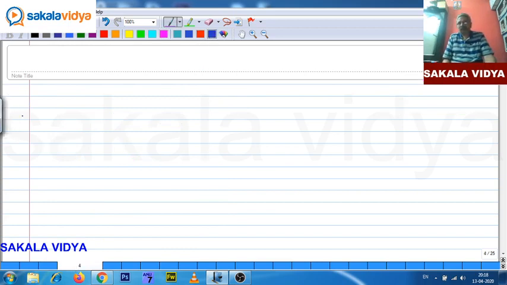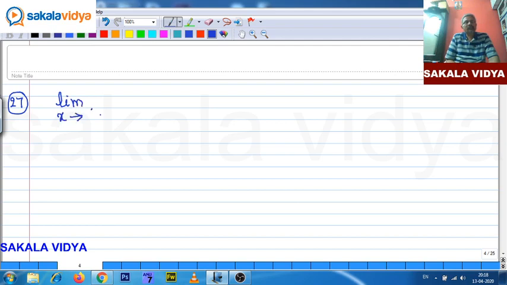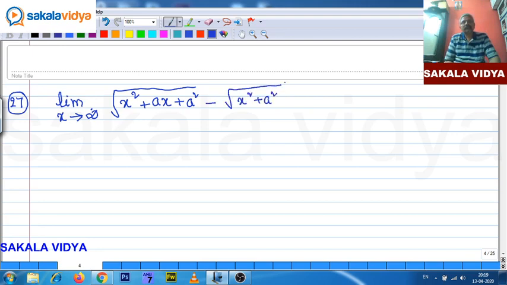Twenty-seventh problem. Limit x extends to infinity, square root of x square plus ax plus a square minus square root of x square plus a square equals to.